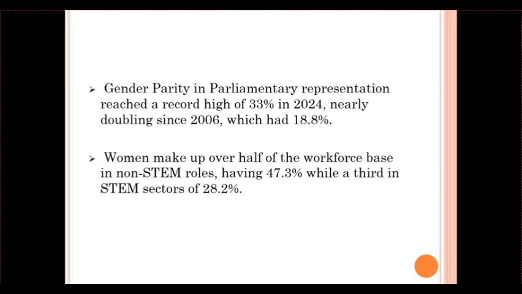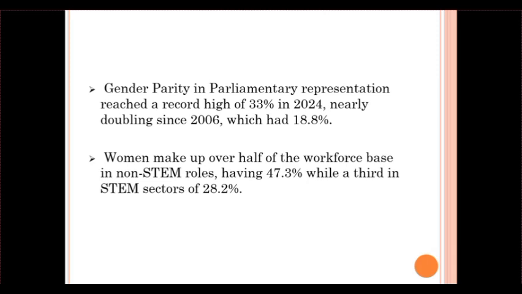Then we have women making up over half of the workforce in non-STEM roles, at 47.3%, while in STEM sectors it is 28.2%. STEM means science, technology, engineering, and math. This is what they call professional roles.